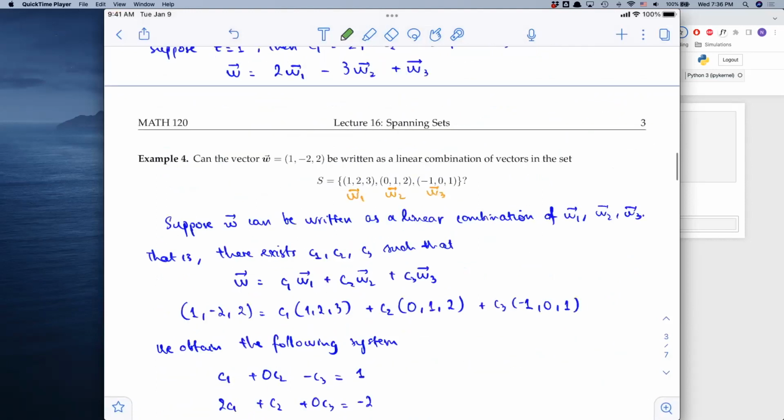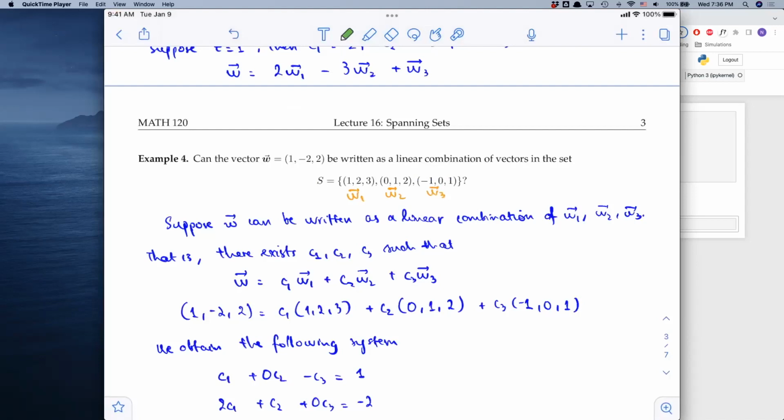In this example 4, because w cannot be written as a linear combination of w1, w2, and w3, S is not a spanning set, right? So in general, after these two examples, S is not going to be the spanning set, or S cannot span the entire R3.